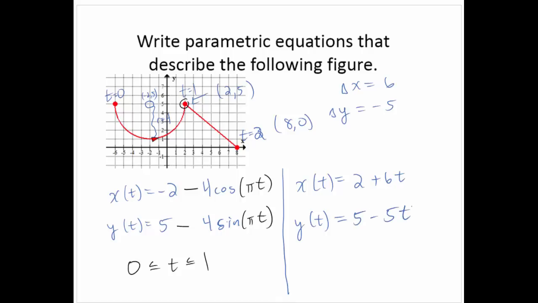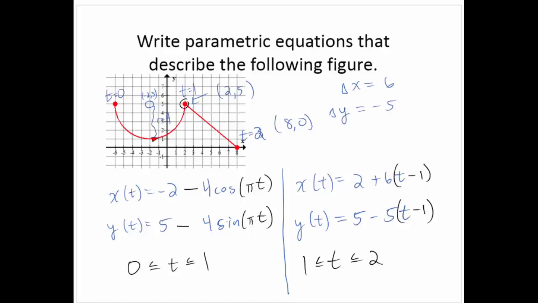Now this was okay if t was going from 0 to 1, but we have t going from 1 to 2 now. So what we need to do is adjust our t. We have to write it as t minus 1, because we've kind of shifted our time by 1 second, and now we put the parameter from 1 to 2 seconds.